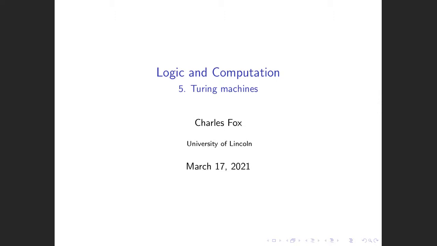So Turing's machine, which is now called the Turing machine, I think Turing just called it the machine, has been very influential historically in our subject because it looks rather more like a practical computing device than Lambda calculus does.